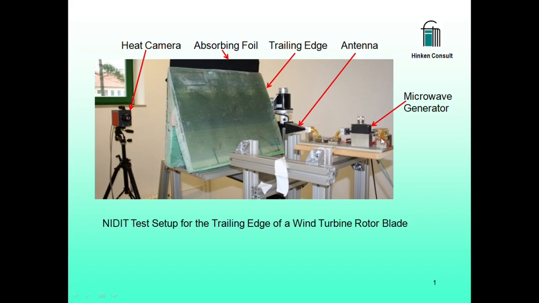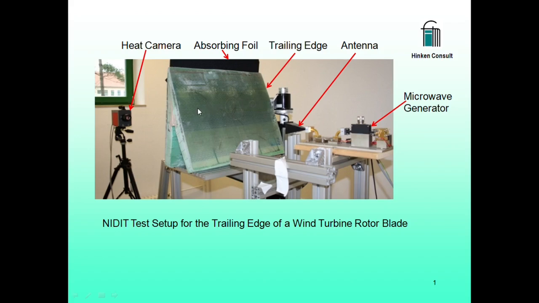Here we see the microwave generator and in black the horn antenna. The heat camera is behind the device under test. And on the back side of the DUT, the absorbing foil is placed.